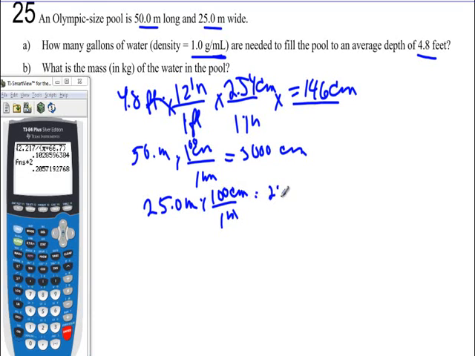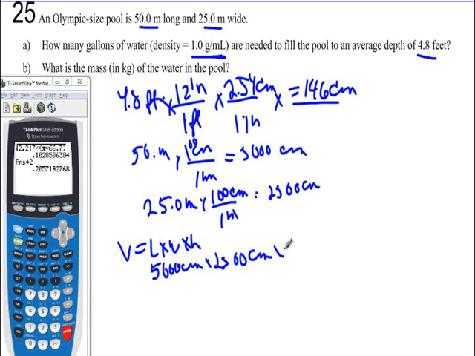So this is 2,500 centimeters. So my volume is length times width times height, which in this case is 5,000 centimeters times 2,500 centimeters times my height, which is my depth, 146 centimeters.